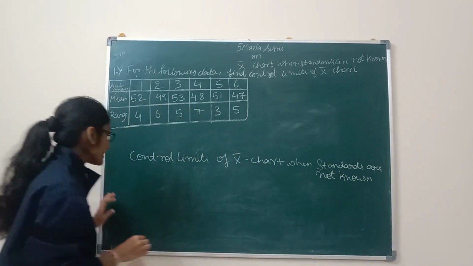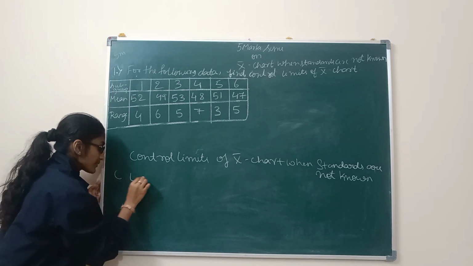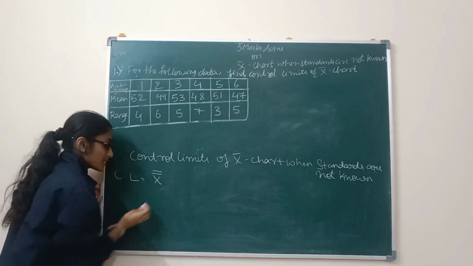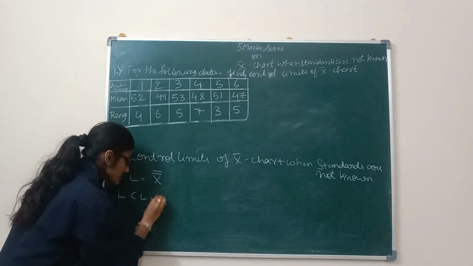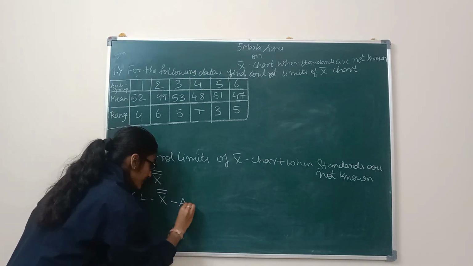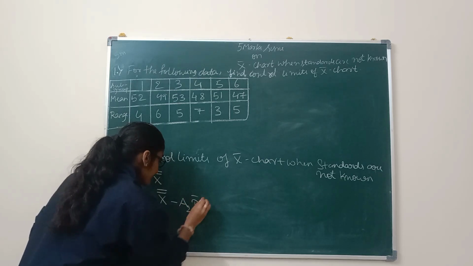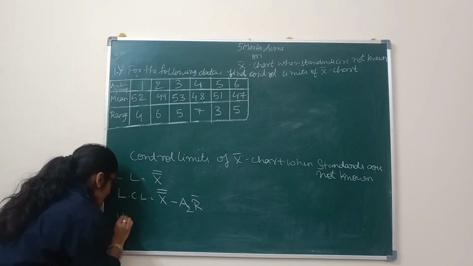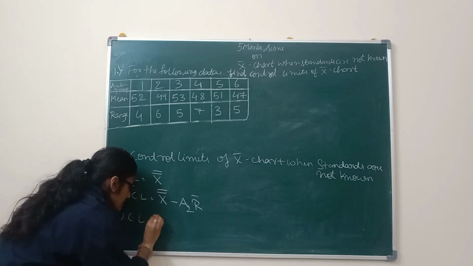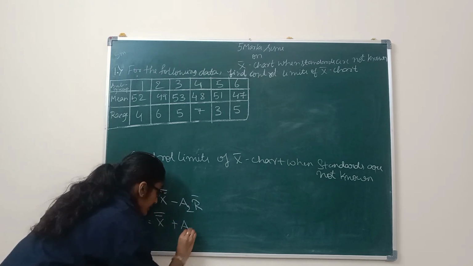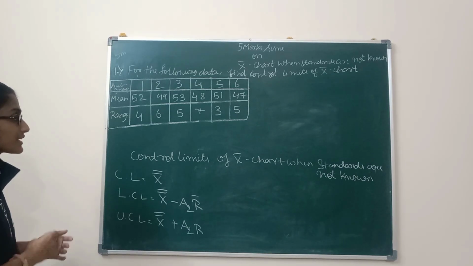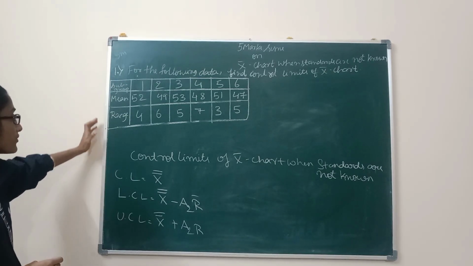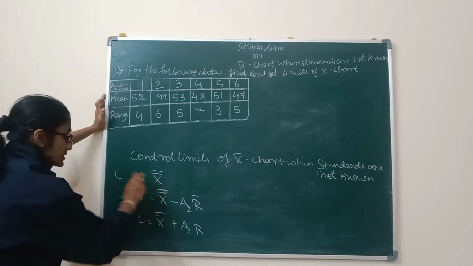So when standards are not known, we have the formula CL is equal to X double bar, LCL is equal to X double bar minus A2 R bar, UCL is equal to X double bar plus A2 R bar. So now first let us check for X double bar.